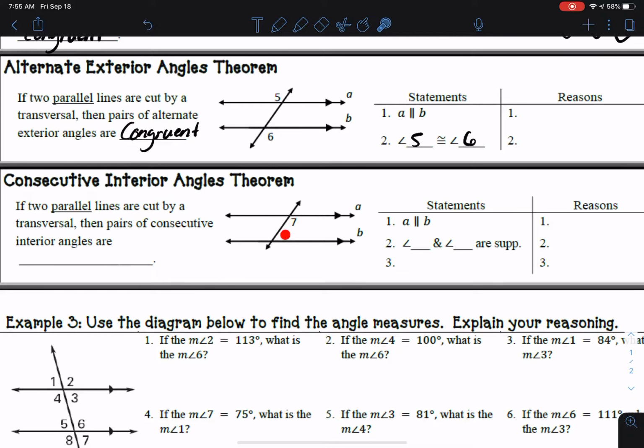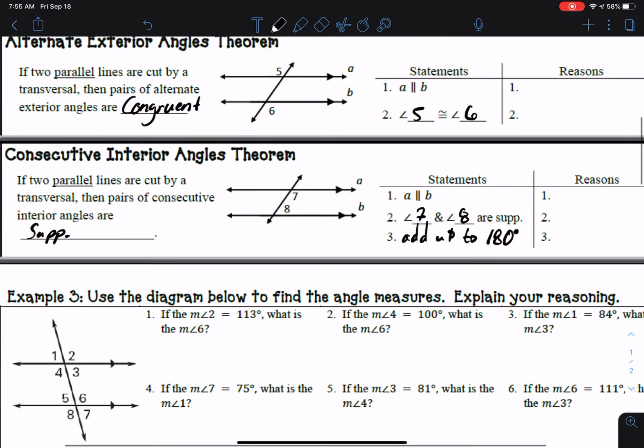If they're on the same side and they're both on the inside, okay, these angles are what we call supplementary. And over here, you can say A and B are parallel, 7 and 8 are supplementary. They add up to 180 degrees.